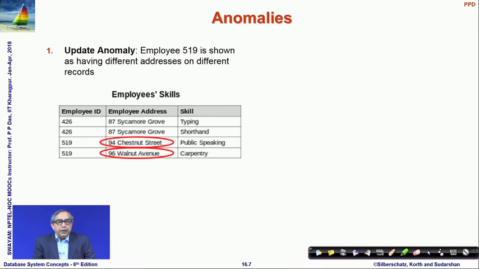But when we try to update, for example when the employee's address has changed, the change needs to be incorporated in all the records having the same ID. If because of some coding error we miss updating any of the address fields, then we will have inconsistent address data, as in this case. This is known as an update anomaly.